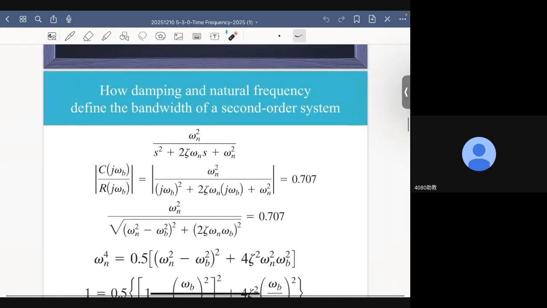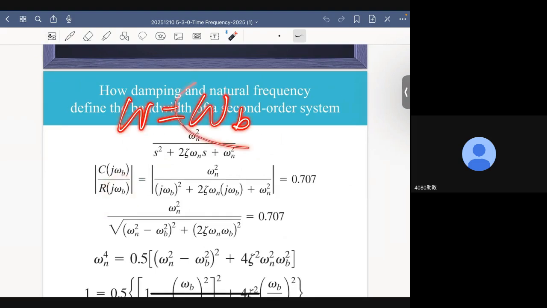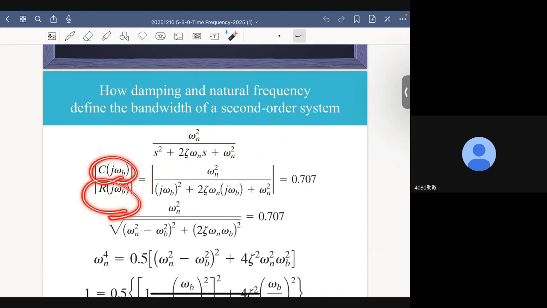Now, in order to determine its bandwidth, let's assume the bandwidth is omega b, and by definition, the magnitude of the ratio of the output to the input should be 0.707 at the bandwidth frequency, all right?